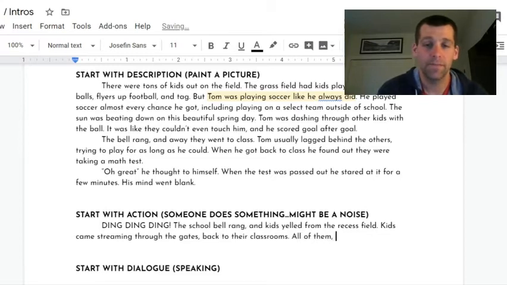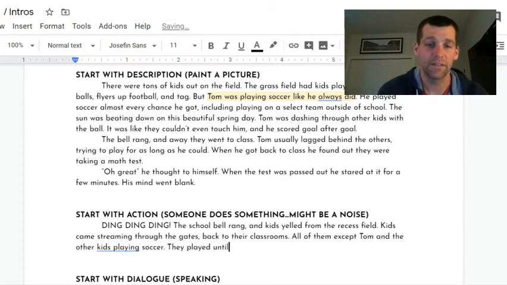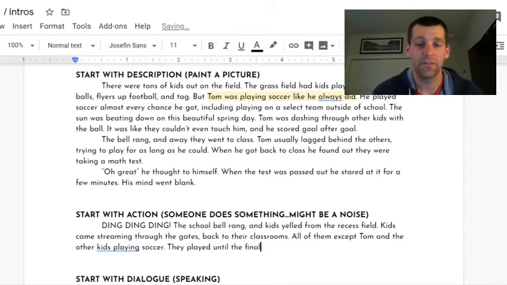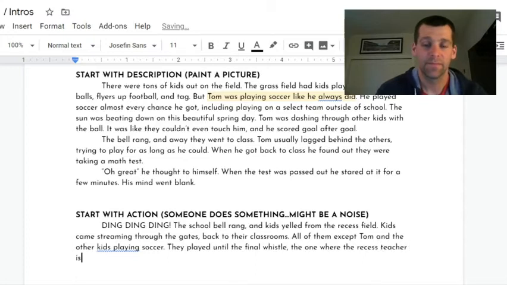All of them except Tom and the other kid playing soccer. They played until the final whistle, the one where the recess teacher is finally mad that they have ignored the bell.